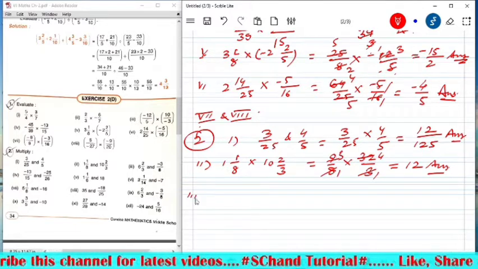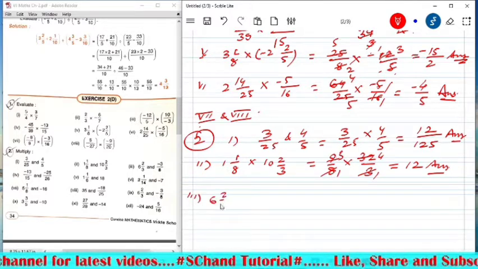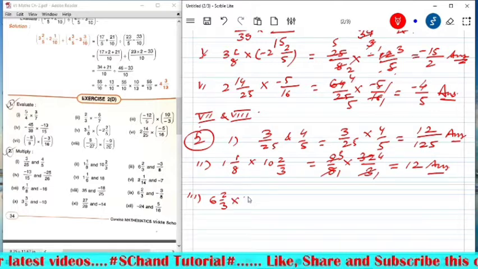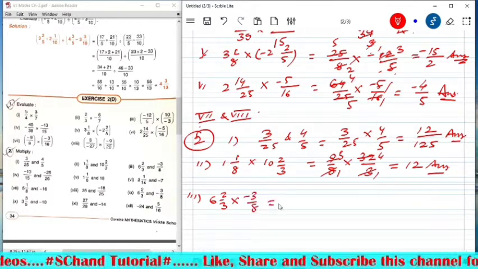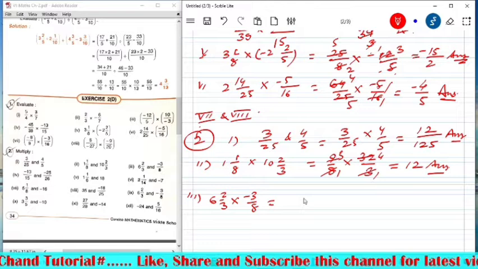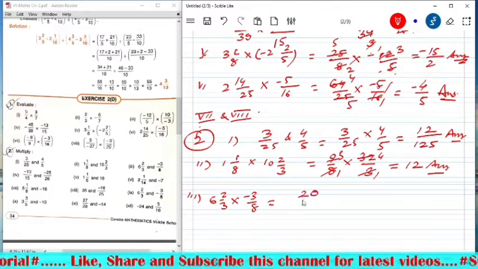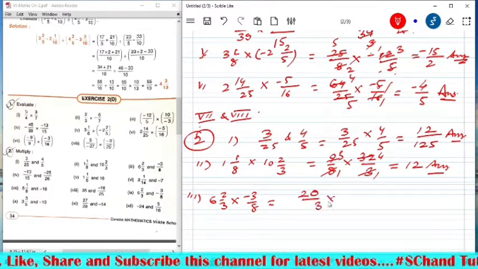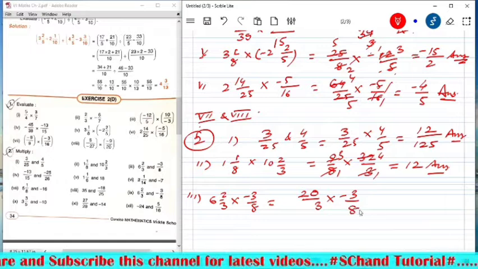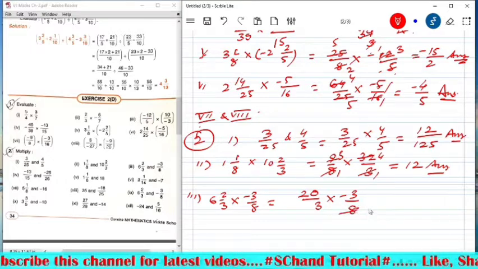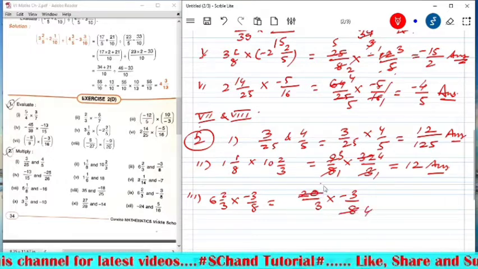So in the same way we can solve the third one also. 6 into 2 over 3 multiply by minus 3 over 8. So this is the mixed fraction. 6 3s are 18 plus 2, 20 over 3 into minus 3 over 8. So 4 2s are 8, 10 2s are 20.